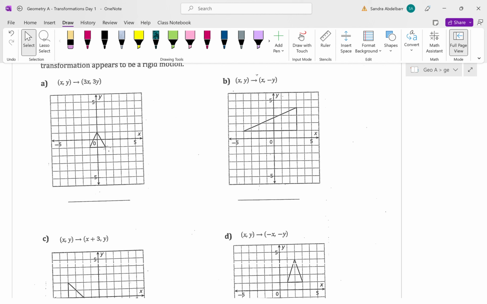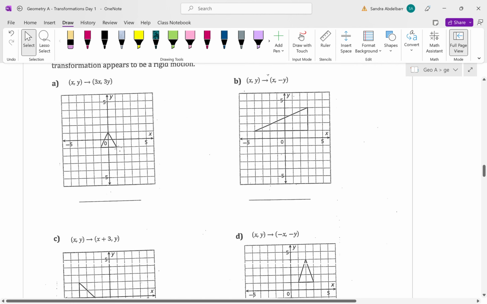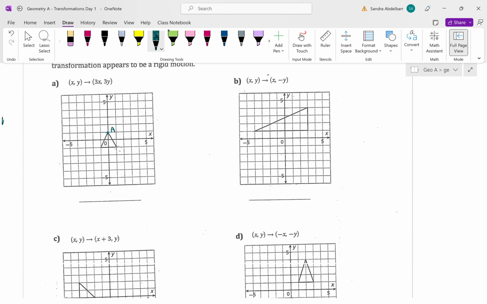So what I'm going to do is list out all of the coordinates. This first coordinate, let's call this A, is going to be the point 0, 1. And now let's go to B. B is -1, -1.